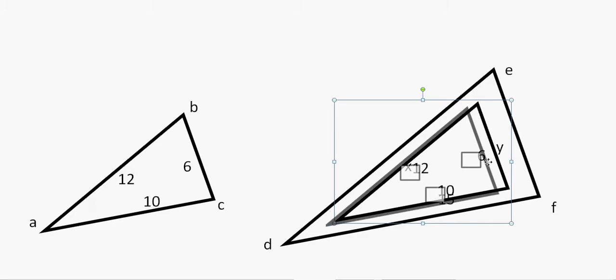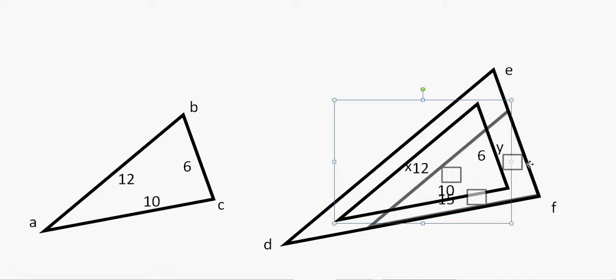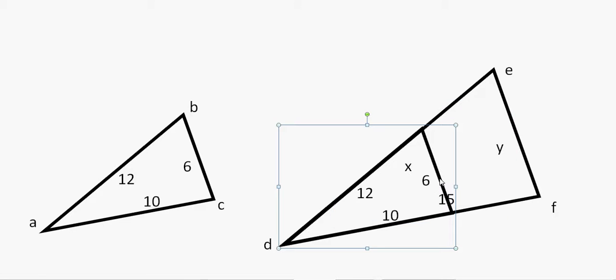So if I look at these, I can see they're similar because the angles are the same. If I compare the angles, I know they're similar. The question is, how much do I stretch ABC to get triangle DEF?